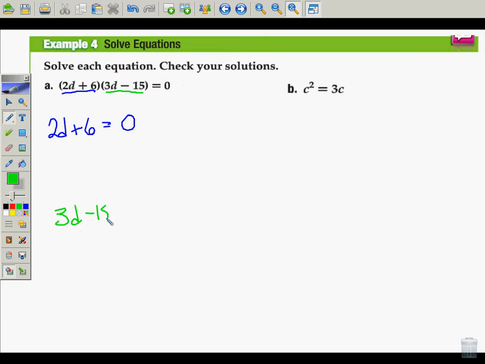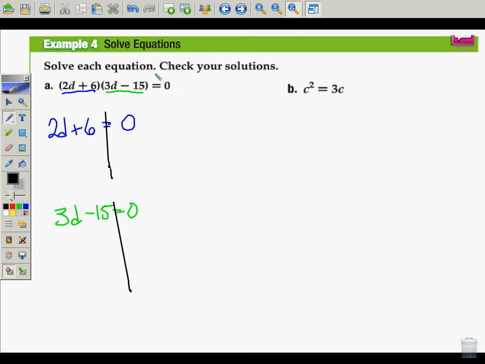Because then, if this is 0, it doesn't matter what the blue part is, the whole thing would be 0, because anything times 0 is 0. Or obviously, they both could be 0, but you don't really need to worry about that. So what I'm going to do, I'm going to set each of these individual pieces equal to 0, because I'm saying one of these has to be 0 in order for this to be true.